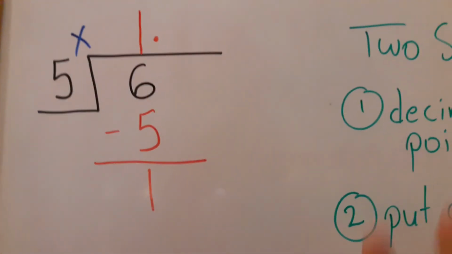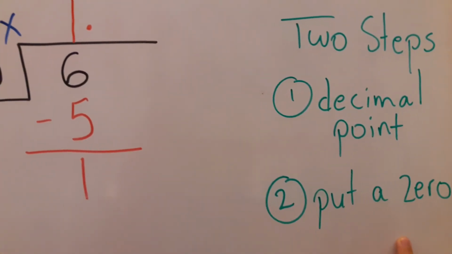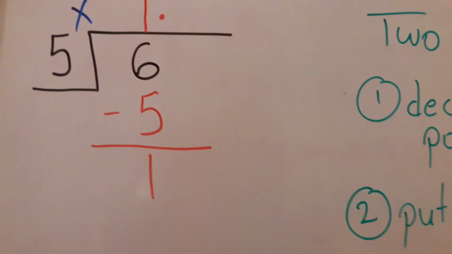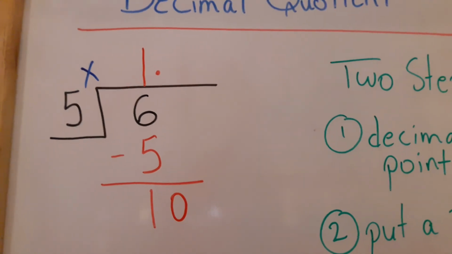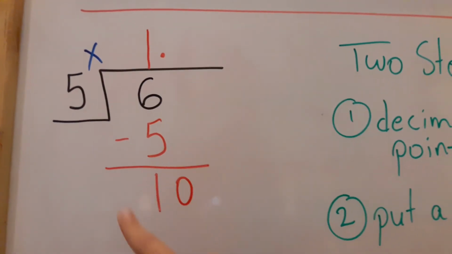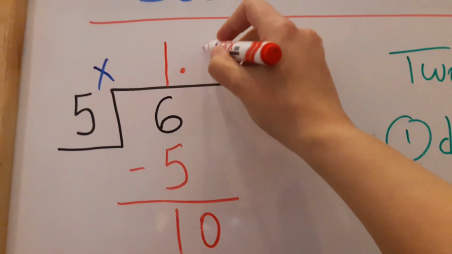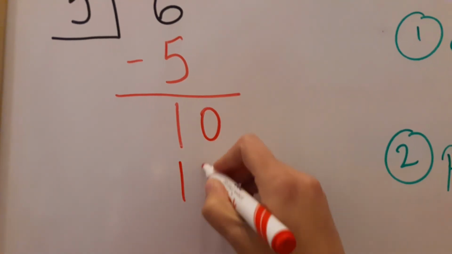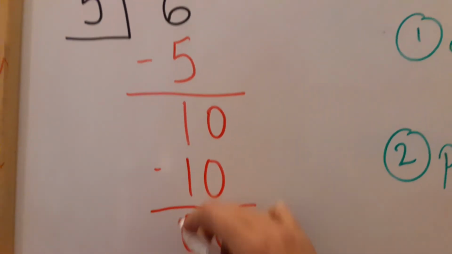Now the second thing that you have to do, put a 0 next to the remainder. Now, 5 times what gives me 10? 5 times 2. So 2 times 5 is 10. We subtract: 0.